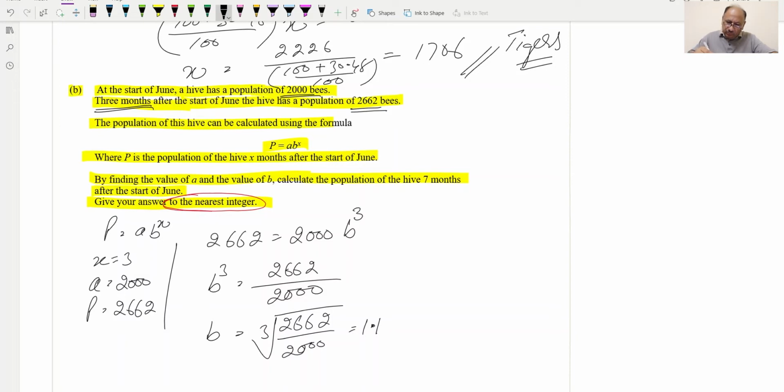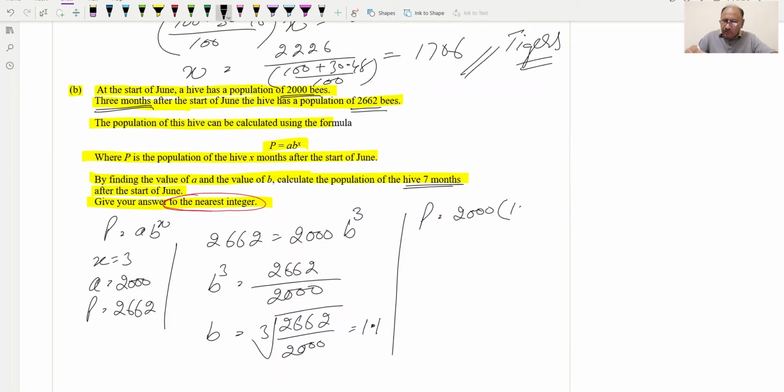Now we can use this B value, and for the next 7 months we need to calculate. So P is equal to 2000 times 1.1.